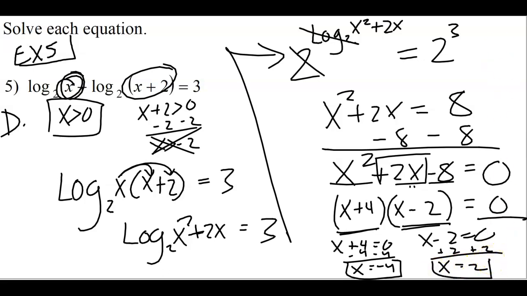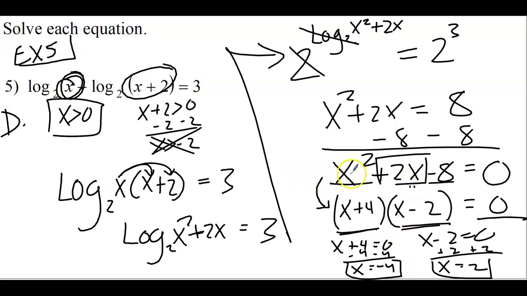So whether you chose to use the quadratic formula or the factoring method, you should end up with negative 4 and 2. Once again, the quadratic formula's benefit is that it always works. It's just that it's a little bit tedious and prone to minor calculation errors. Factoring, if you are decent at it, is less work, and it's less likely to make errors.